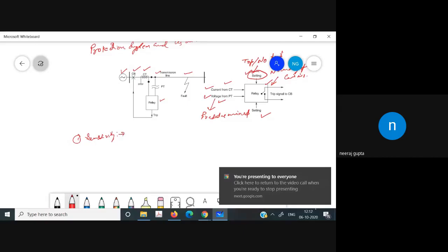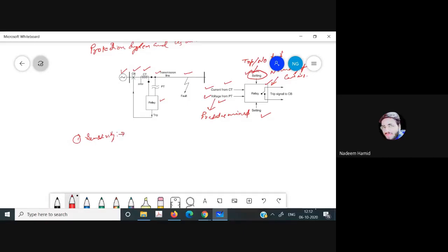Anyone? What do you mean by sensitivity? Sir, ability to sense. Okay. It means that the protective system must be alive to the presence of small fault current.